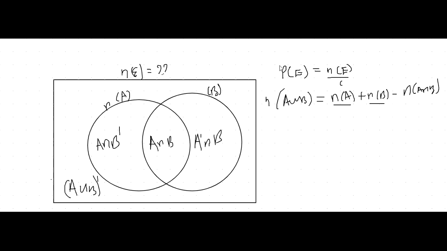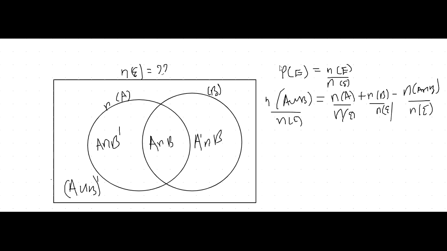Okay, so because our interest is probability, we are going to divide each term here by number of the universal set, okay? Because it will be our total. So we're going to divide here by number of universal, number of universal, and then lastly here also number of the universal set.